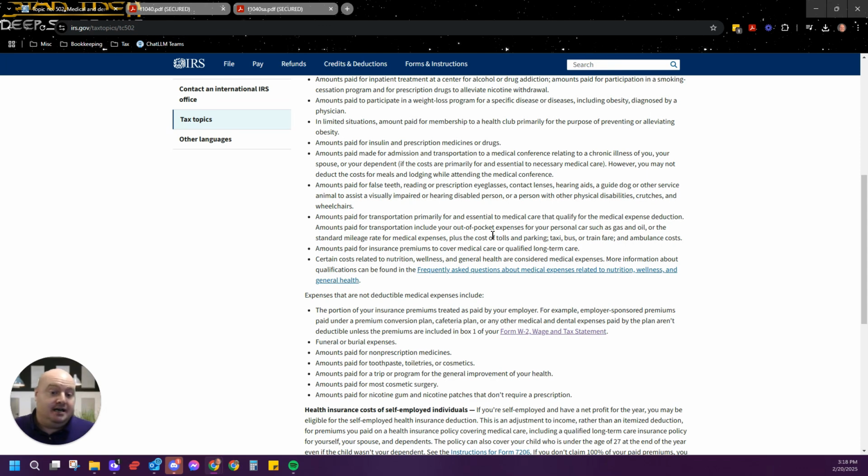So if you drive to the hospital or you drive to your doctor's office, those miles can be deducted. And any long-term care. And if they're related to nutrition, wellness, general health, basically like a lot of over-the-counter medications can be deducted as well.